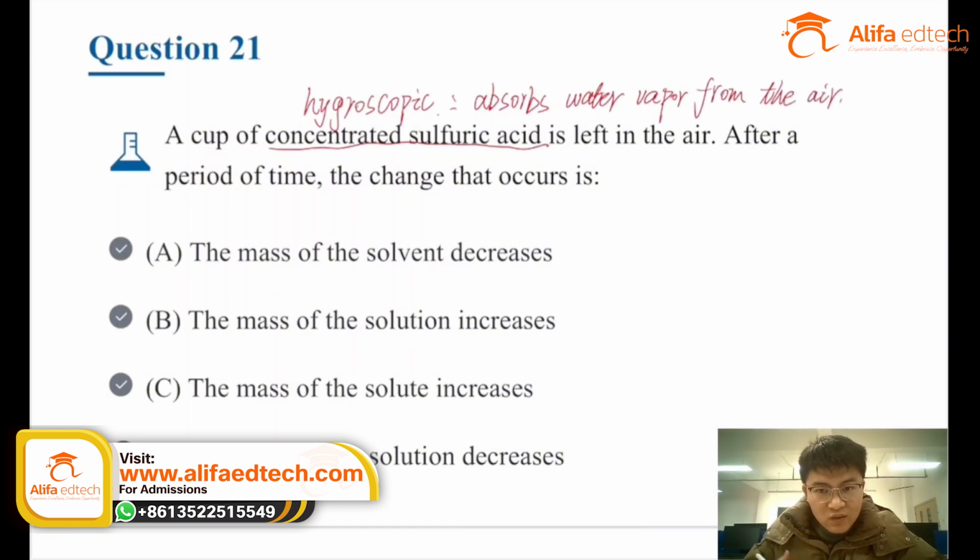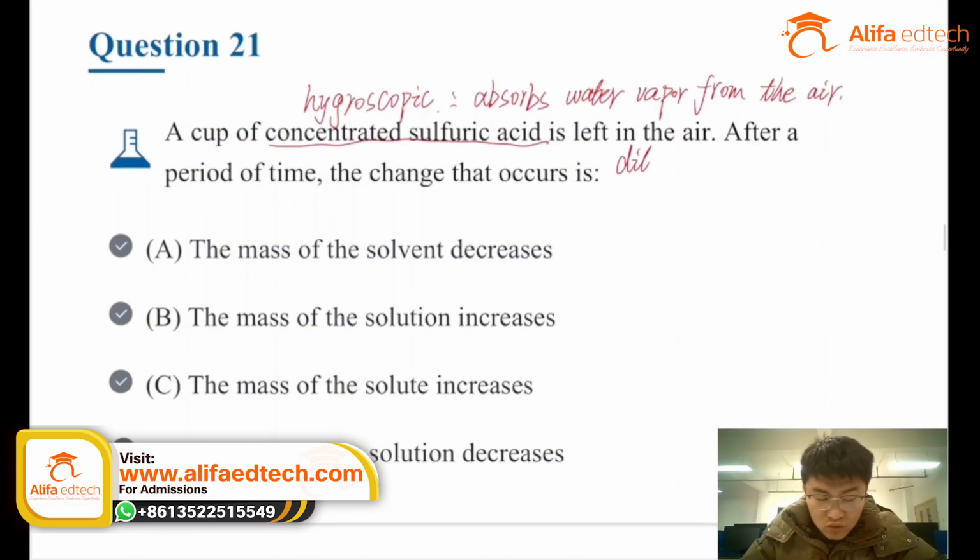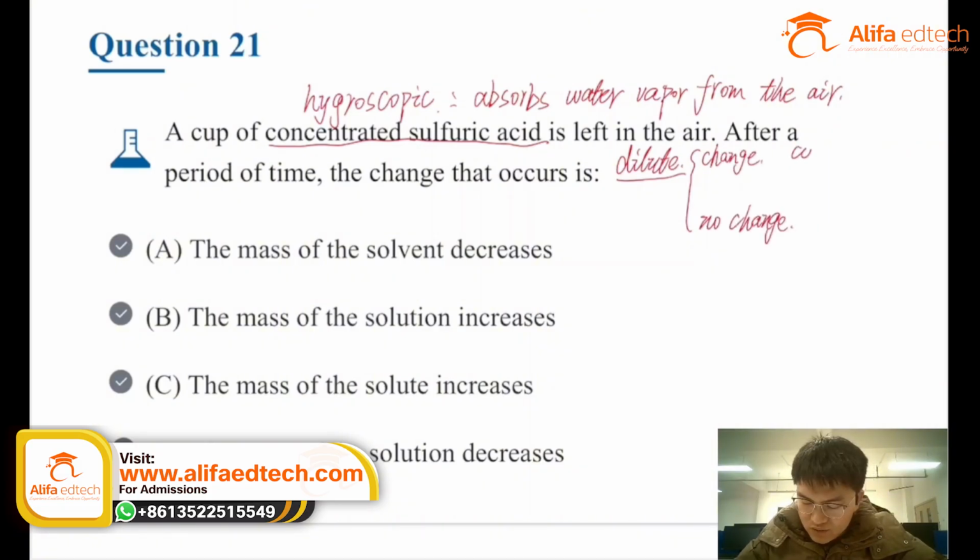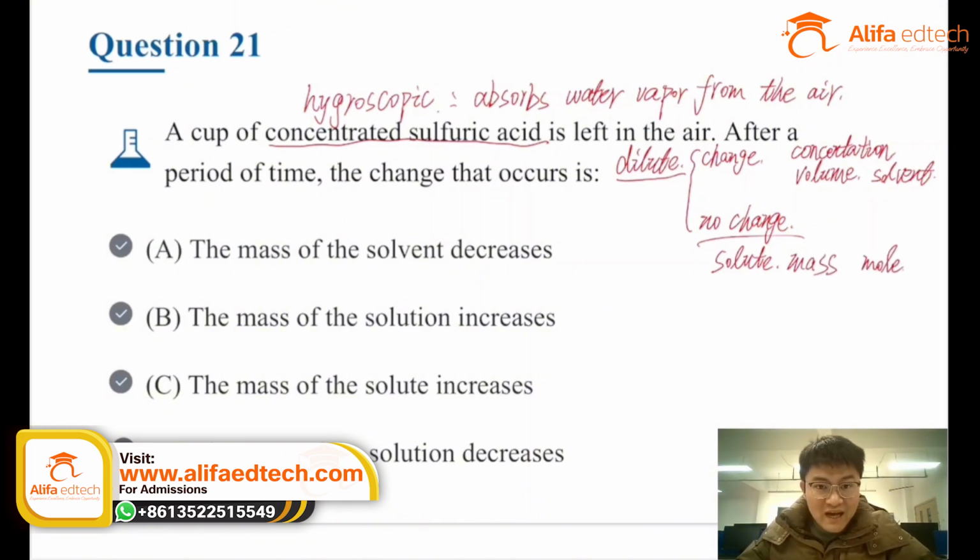So instead of technical terms, we can think of it as a dilution process. Diluted: changing concentration and volume; solvent changes, solute mass does not.